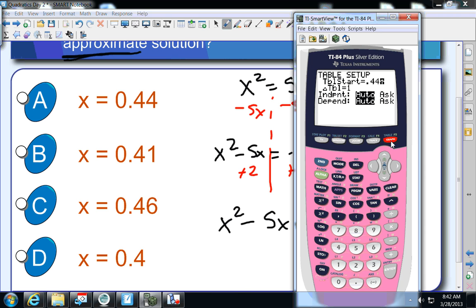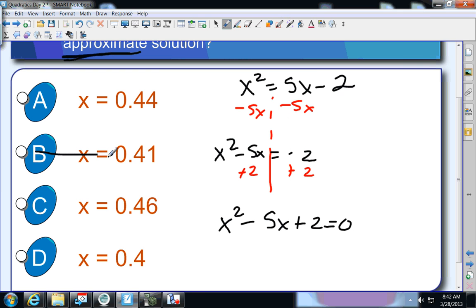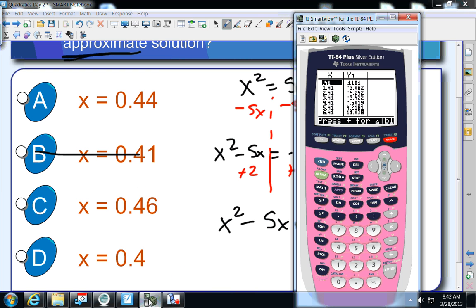Second graph. That's close to 0, but it's not 0. Let's see if we can get another one. Second window, type in where it says table start, 0.41, second graph. That's 0.11. That was even farther away than 0.44, because that's farther away, so I know this one's not it because 0.44 is closer.